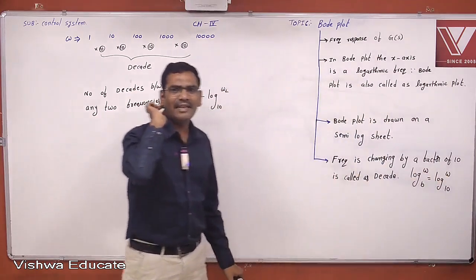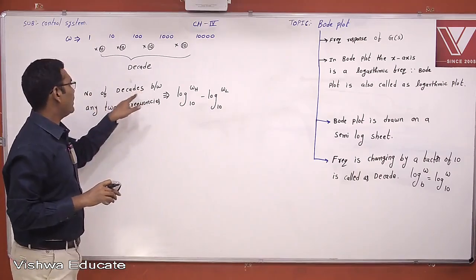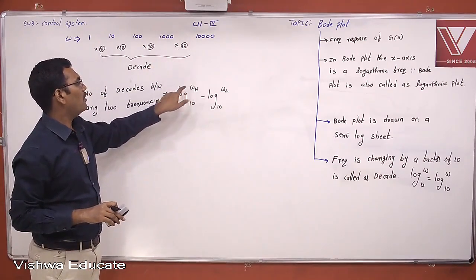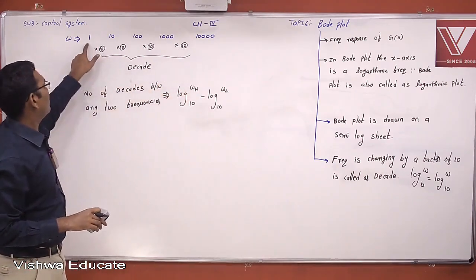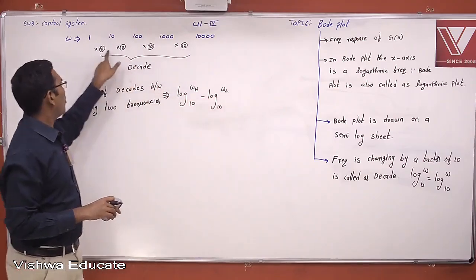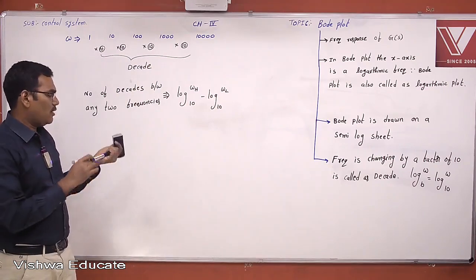So we generally take frequencies by a factor of 10 only. The highest frequency is 10 power 4, the lowest frequency is 1, log 1 is nothing but 0, so 4. So how many decades? 1, 2, 3, 4. Like that you can find the decades between any two frequencies.